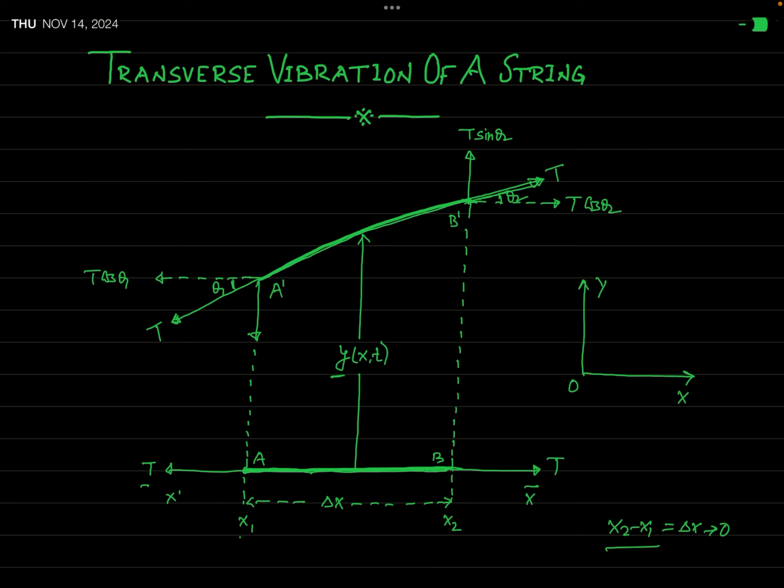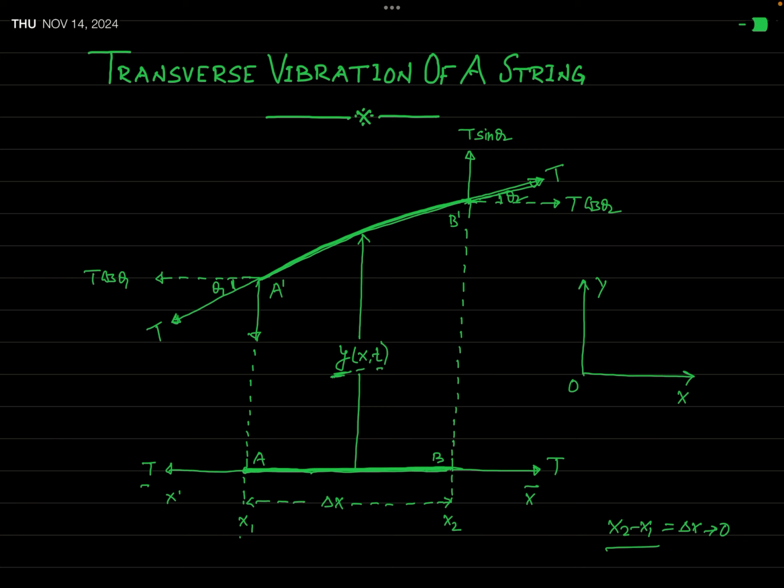Now, displacement of any point of this segment actually depends on two variables. The first one is x, it means the position coordinate, and the other is time. So in general, you can say that the transverse displacement, this y, is a function of x and t. Okay. So y of x, t is the transverse displacement of this element located at point x and time t.